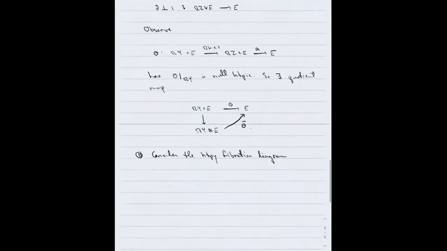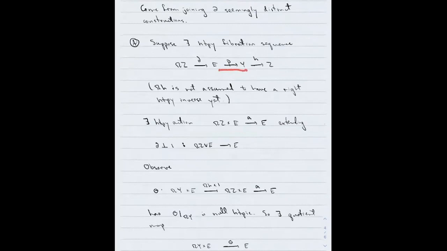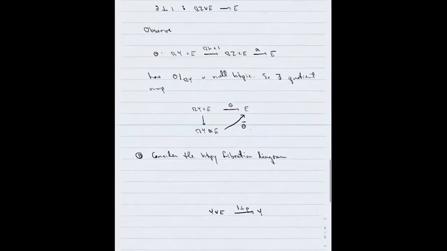Let's start with Y wedge E mapping into Y by the identity map on Y, and our fibration sequence, there's a map from the fiber into Y called P. So we'll take that map as well. So this is our starting point.